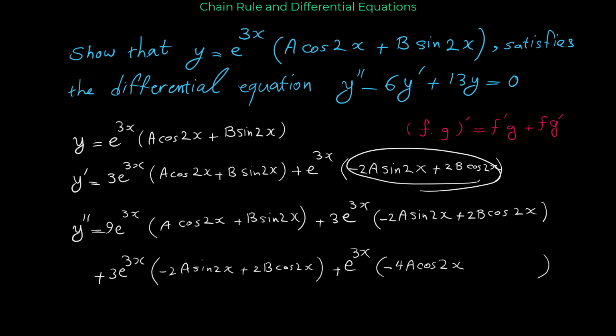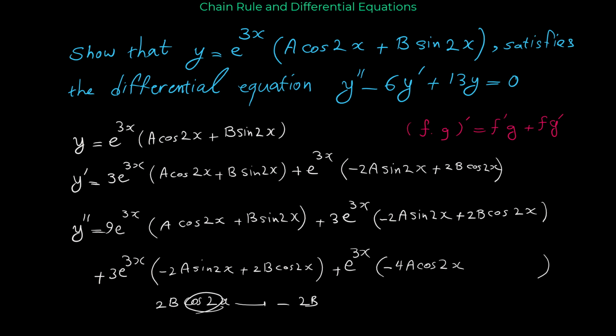And if you want to find the derivative of 2b cosine 2x, keep the 2b. The derivative of cosine is negative sine. Don't forget to multiply by the derivative of the inside, 2. 2 times negative 2b is negative 4b. So its derivative is negative 4b sine 2x.